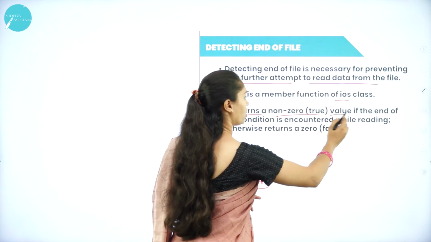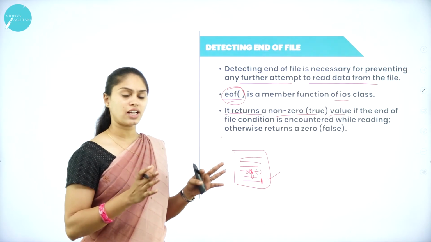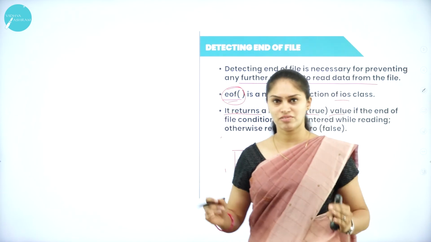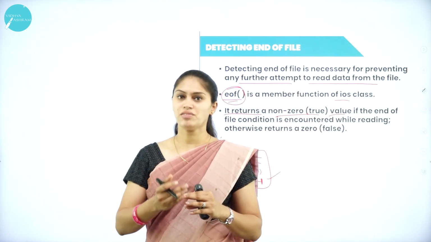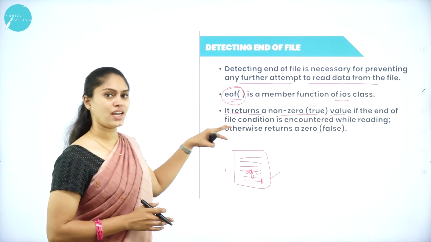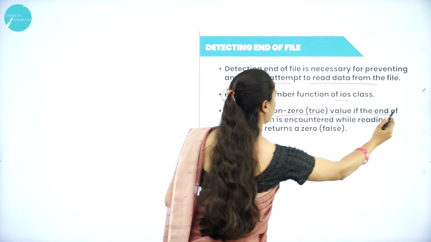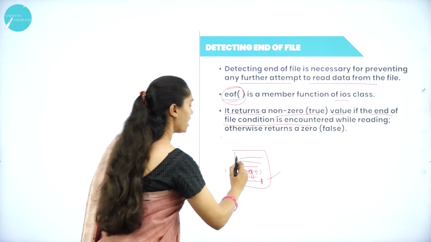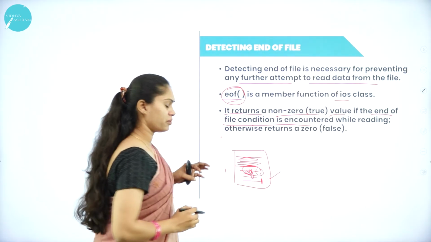So what will it do? If the end of file condition is encountered, when I am using this EOF and it returns true, that is non-zero, that specifies that we are at the end of a file. It specifies that the end of file condition is encountered when reading. So here I am reading some content, and at that time I use this EOF member function.